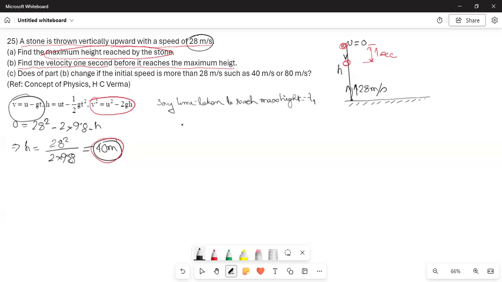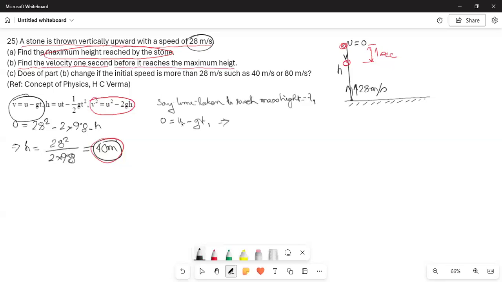At the maximum height, the speed is 0, which is equal to u, instead of writing 28, let us write u, minus g t1.